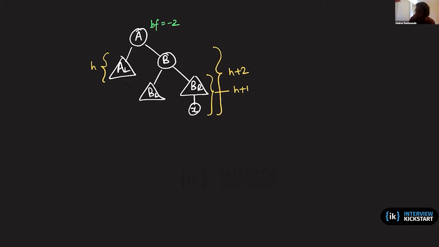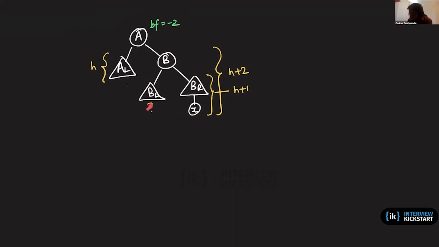So the question is, what's the height of B sub L and why? It must have been h. It can't be h plus 1 because it was the addition of x which caused the height of B to become h plus 2 and thus violate the AVL property.